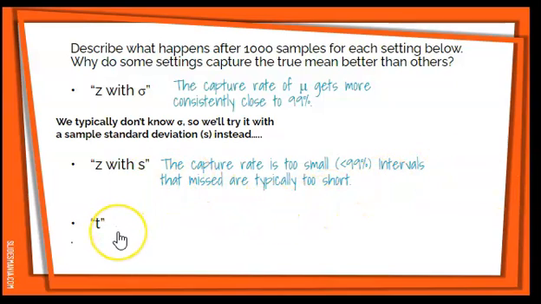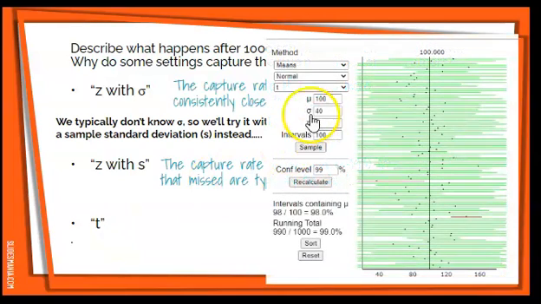Well, then there's something called T. What is T? Well, look what happens if I use T. 1,000 intervals, I used T because all I have is my sample standard deviation. And in 1,000 intervals, if I wanted 99% confidence level, I actually got 99% confidence level.